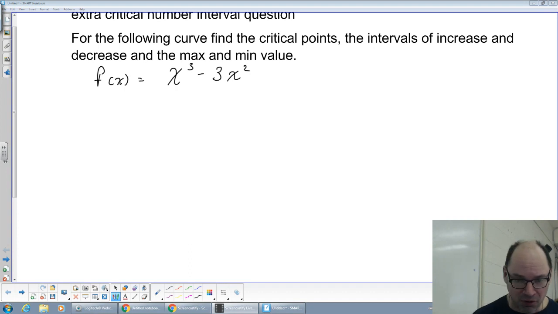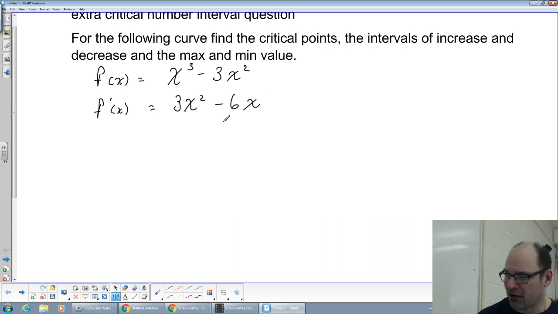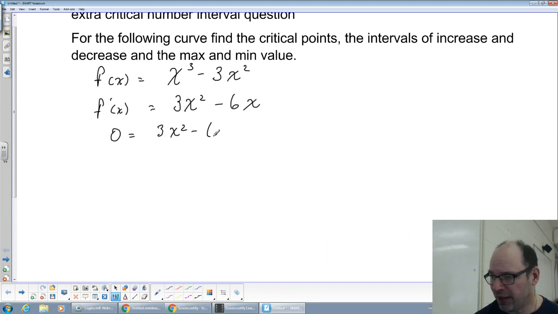Okay, critical numbers. So we go f prime of x, or y prime, depending on how you're writing it. So 3x squared minus 6x. That's our derivative. We set our derivative to 0. That's a flat spot or a critical point. And we solve for x.